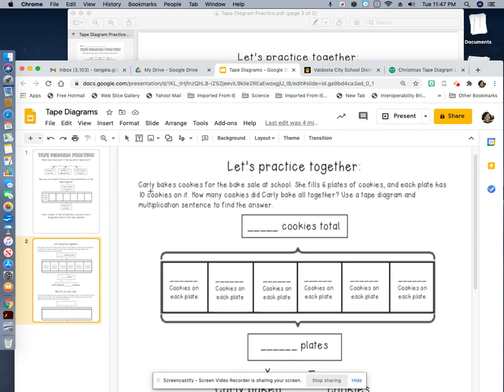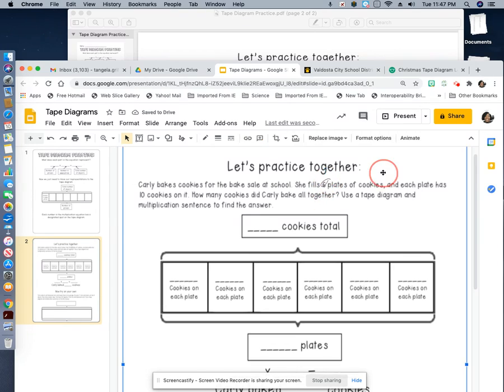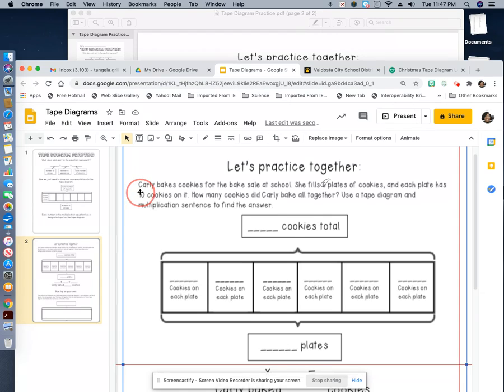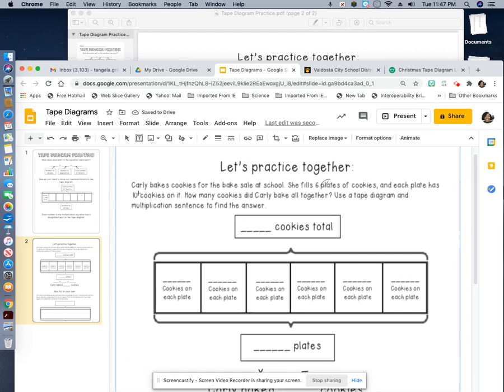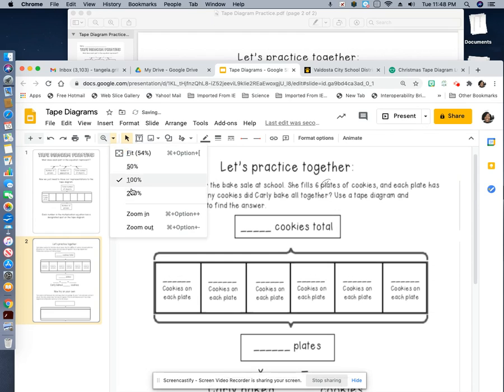Okay, so Carly bakes cookies for the bake sale at school. She fills 6 plates of cookies, and each plate has 10 cookies on it. Okay, let's make this bigger.